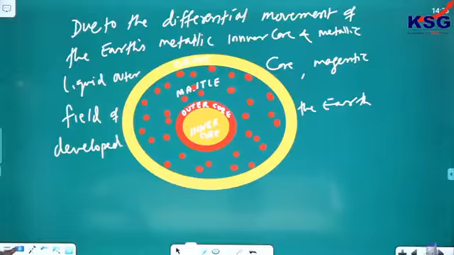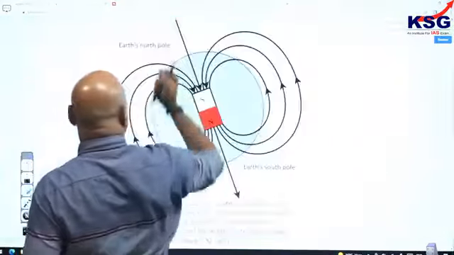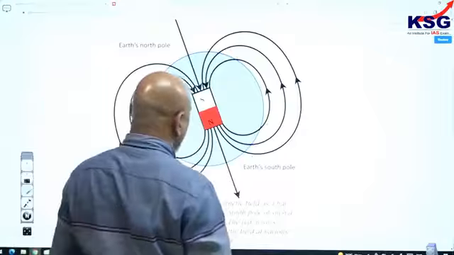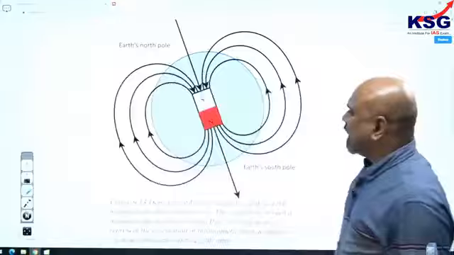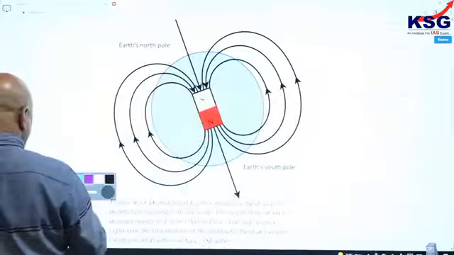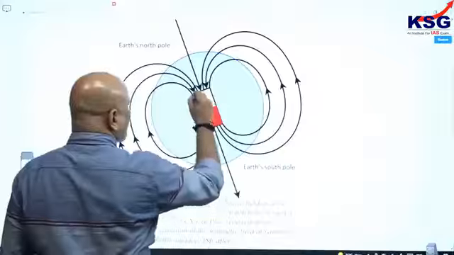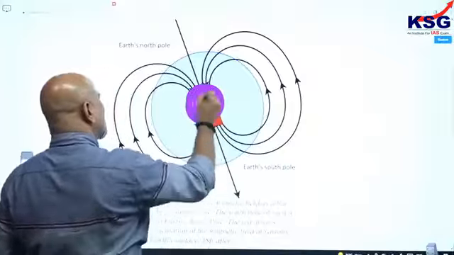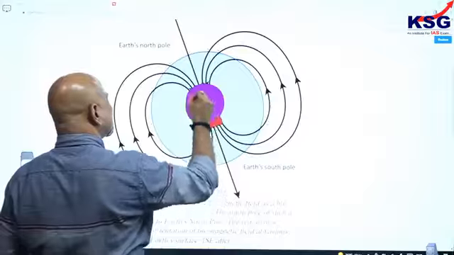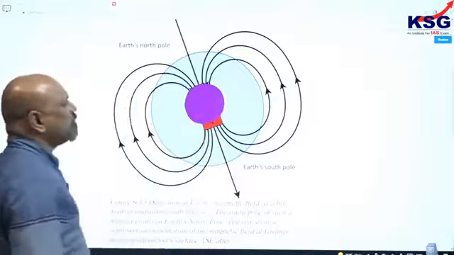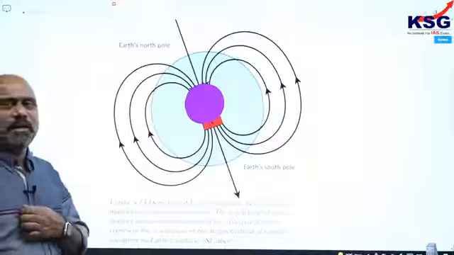Let us see now. Look here. This leads to the earth's magnetic field here. Why? The differential movement of the inner core and the rest of the earth leads to this type of magnetic field here.